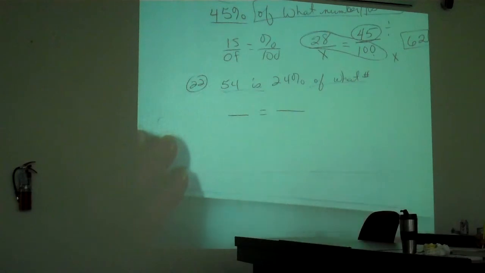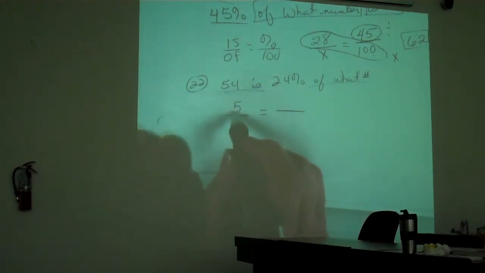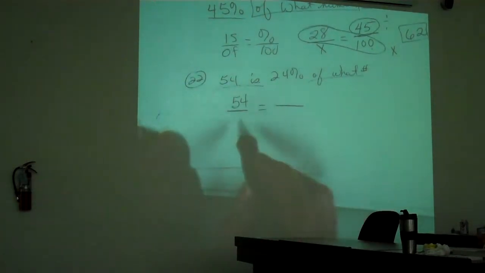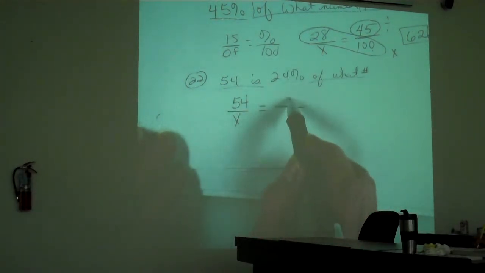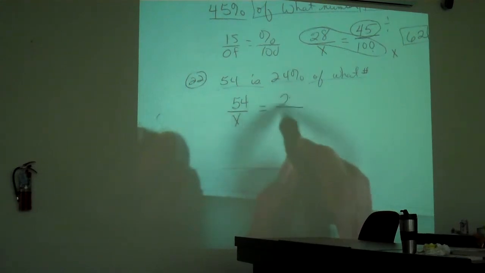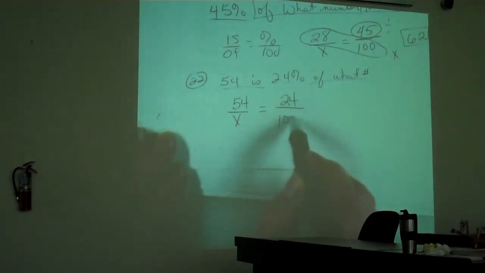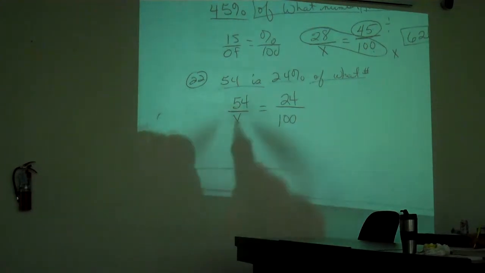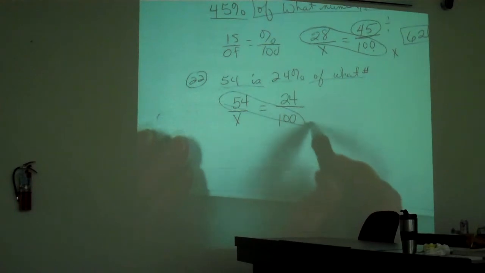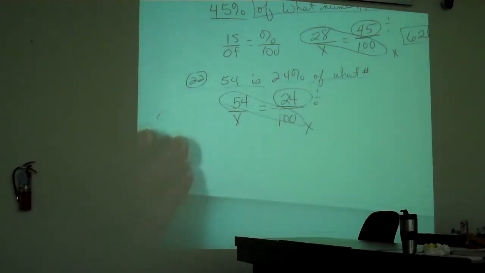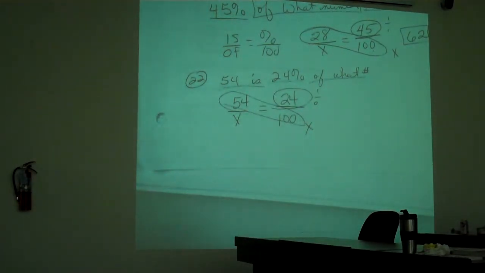Your of you don't know. Your is on top. Your of goes on bottom. The percent goes over the 100. The percent is the 24, and the 100 goes on bottom. So you're going to multiply what? 54 times 100. Then you'll divide by 24. 225? Yeah.